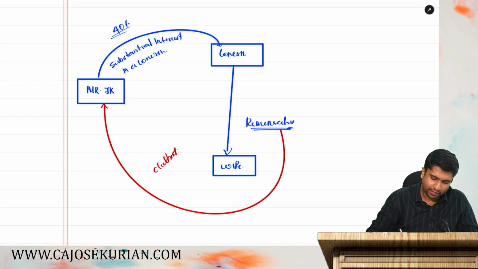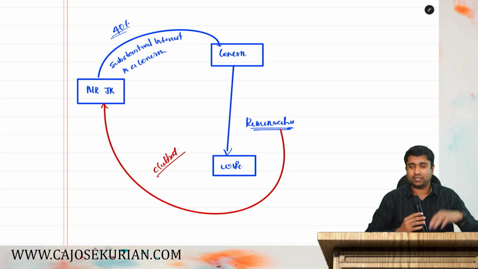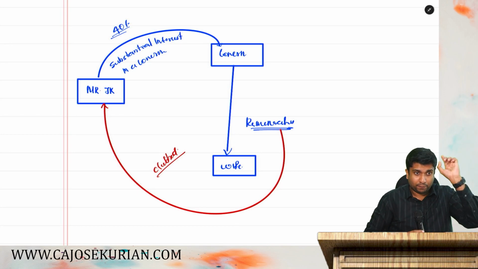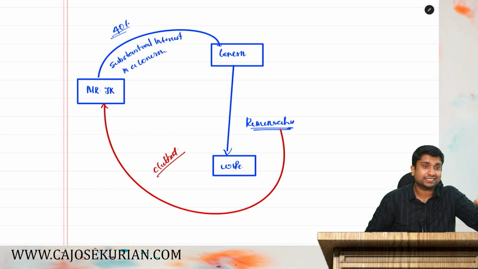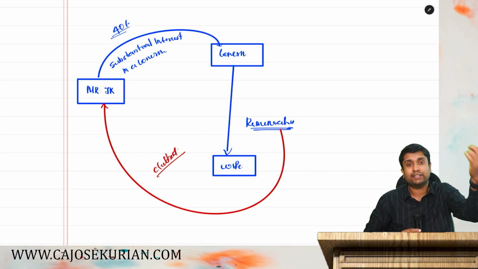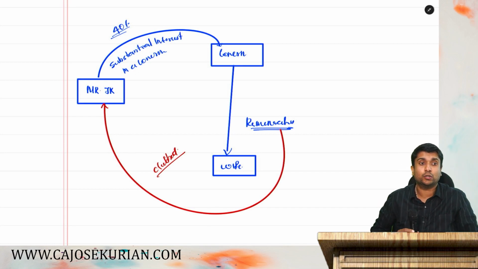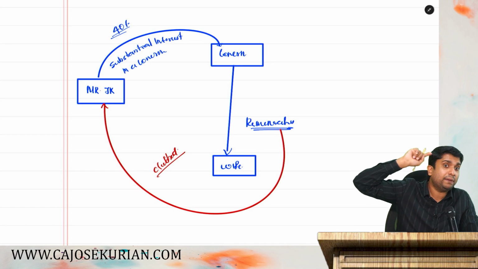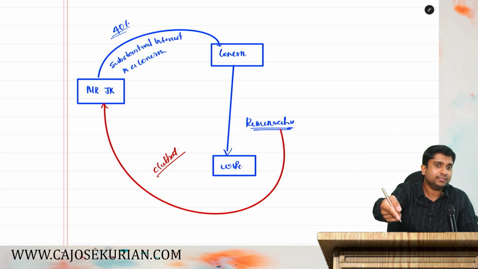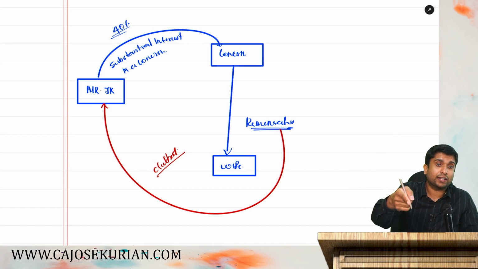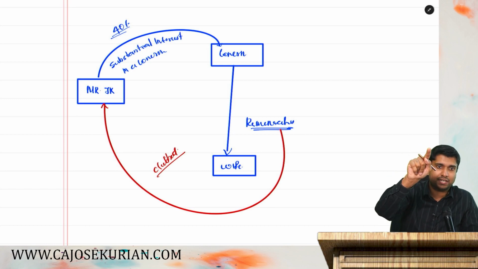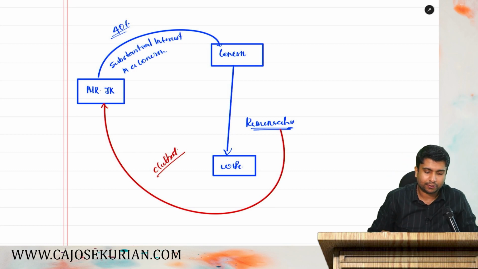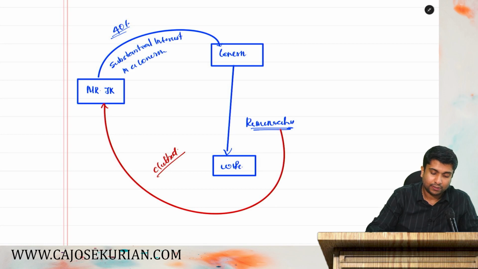So if a person has substantial interest in a concern and that concern is giving any remuneration to his spouse, then that entire remuneration has to be clubbed back in the hands of that particular person. That means my wife is receiving remuneration from a concern where I have substantial interest. In such a case, that remuneration has to be clubbed in my hands.